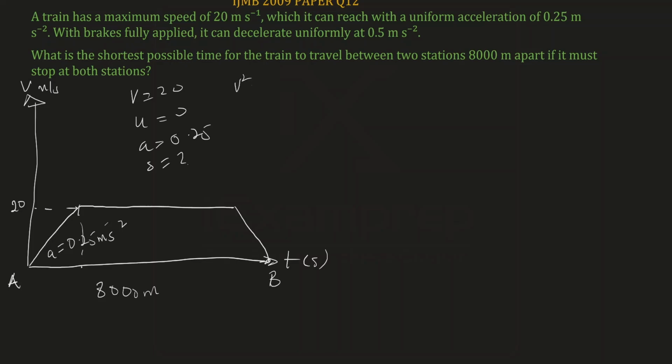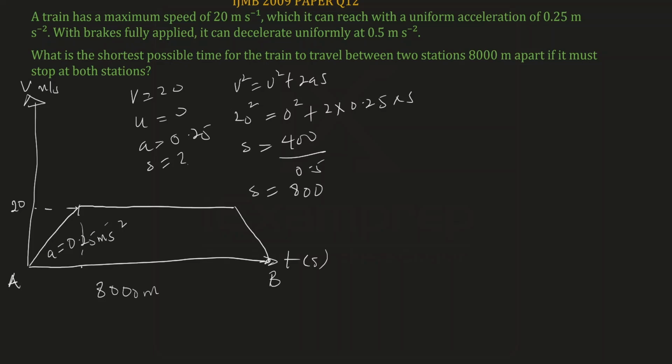So v squared equals u squared plus 2as. This gives 20 squared equals 0 squared plus 2 times 0.25 times s. So s is 400 over 2 times 0.25, which is 0.5, and 400 over 0.5 is 800. So for the first part of the motion, the distance covered is 800 meters.